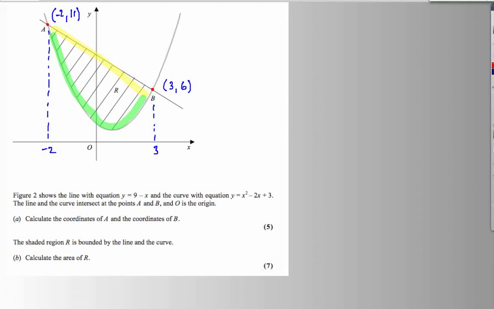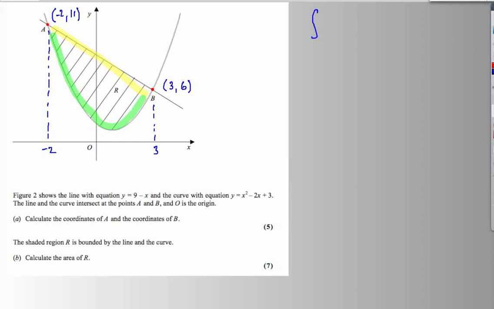If I do that, upper curve minus lower curve will give me the distance in between, and if I integrate along, then I will get the area between. So a standard way to find the area between curves is to do two integrations.